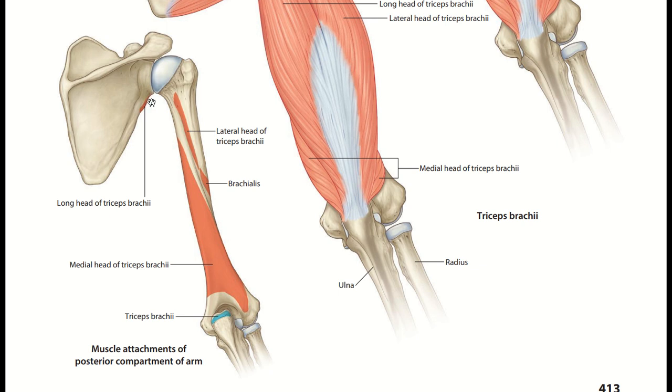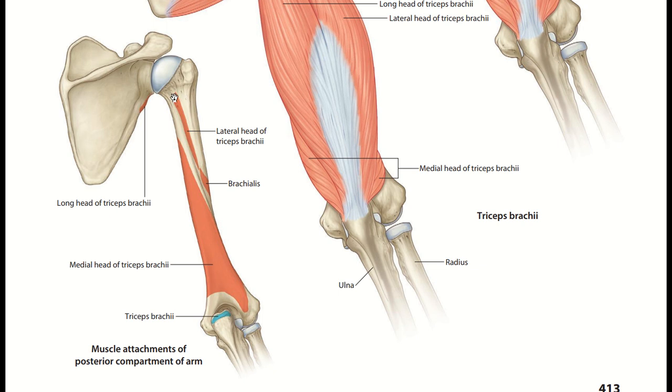And then it's going to have a lateral head. The lateral head is actually going to be above the bicipital groove. This is our bicipital groove. So above your bicipital groove, you have the attachment of your lateral head of the triceps. Below the bicipital groove, sorry, this is a radial groove or a spiral groove. Above the spiral groove, you have your lateral head of your triceps. Below the spiral groove, you have your medial head of the triceps.